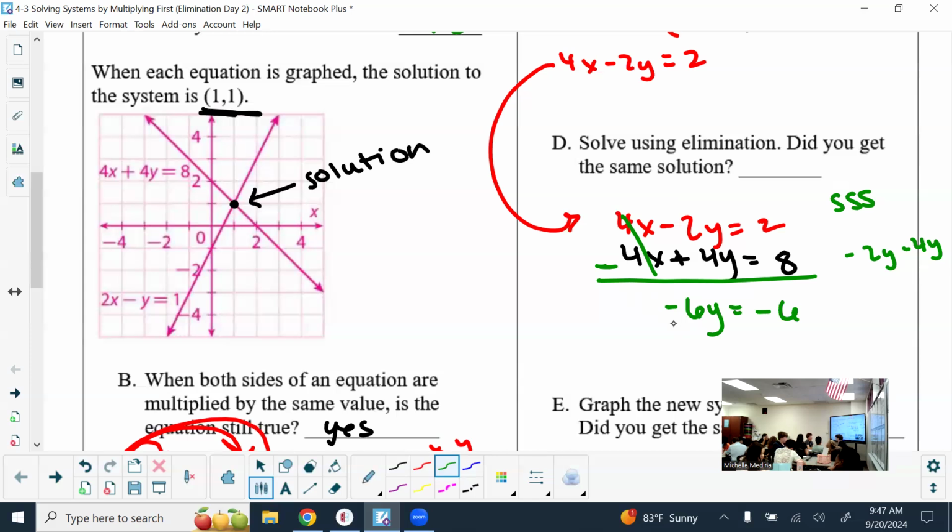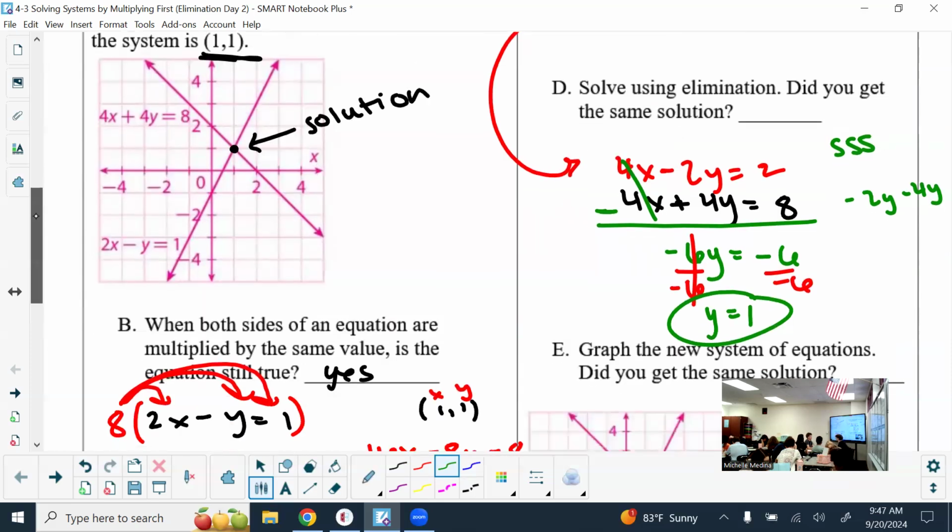Table 5, what do I need to do to isolate the y completely? Divide each side by -6 so that I can get the y alone. And I get that my y value is 1. How do I get my x value?